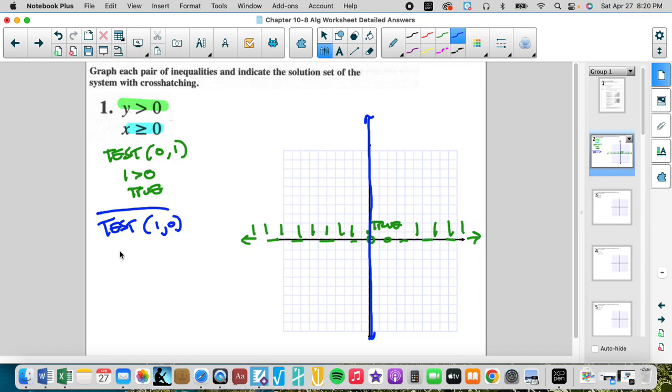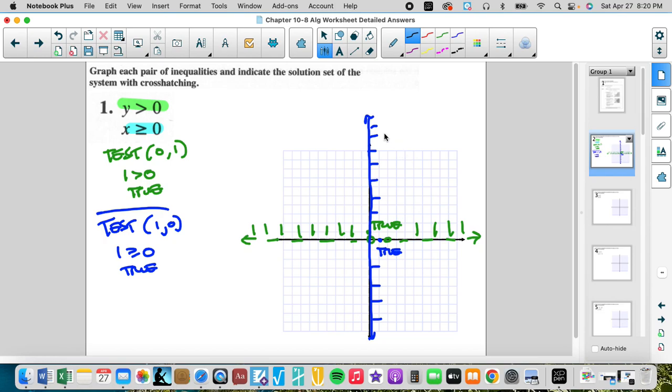If we plug that x value in, is 1 greater than or equal to 0? That is true. So we know this point is true. Okay, so we'll make little hairs to represent the true side of this line, the true side of this line.